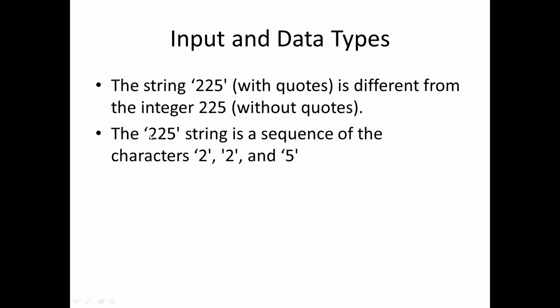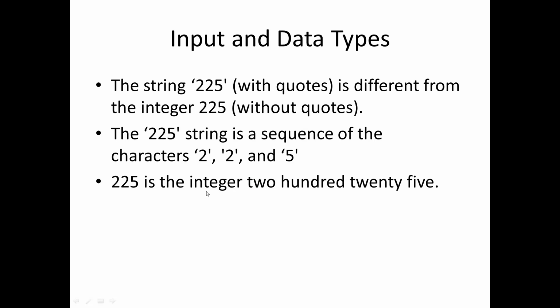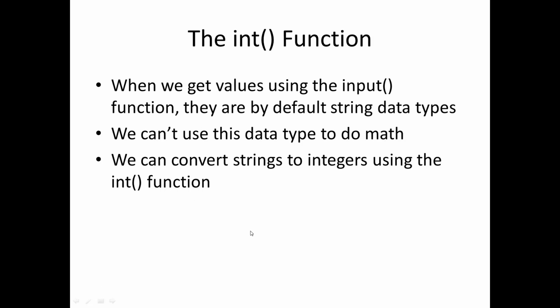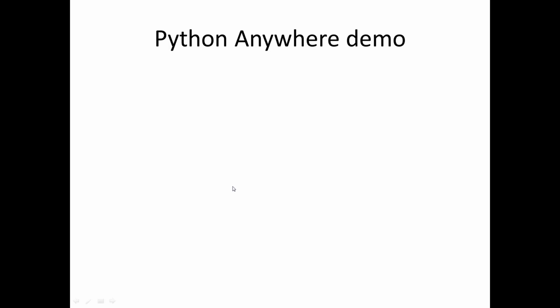We can't do mathematics on numbers when they're in a string format. They must be in a numerical format, like an integer. 225 is the integer 225. We can do math with this number. Strings and integers are data types. When we get our values using the input function, they're by default string data types. And again, we can't use this data type to do math, but we can convert it. We can convert strings to integers using the int function.